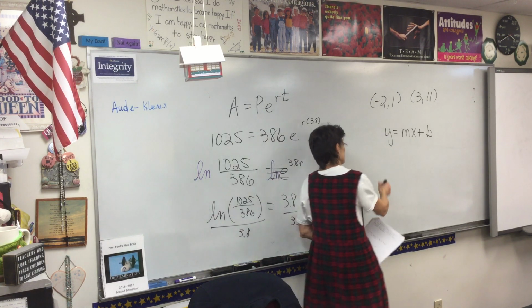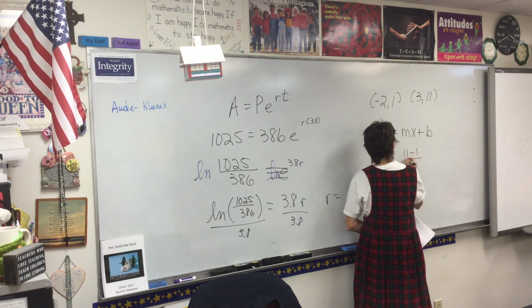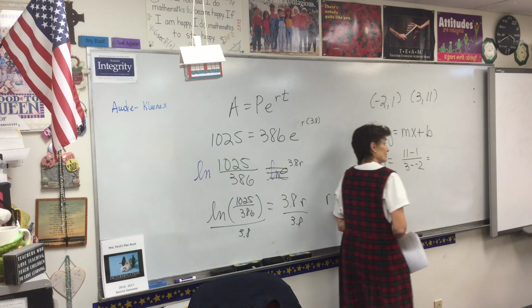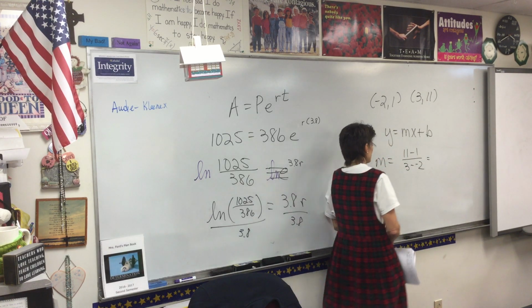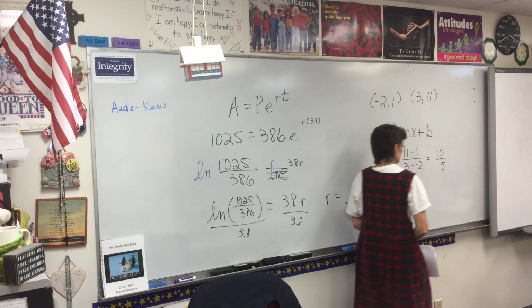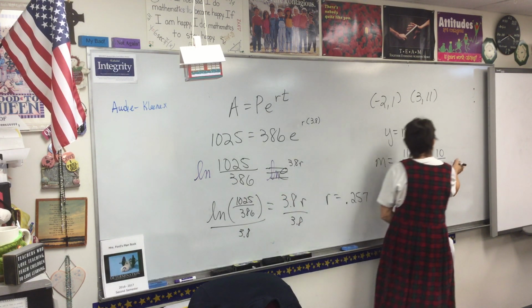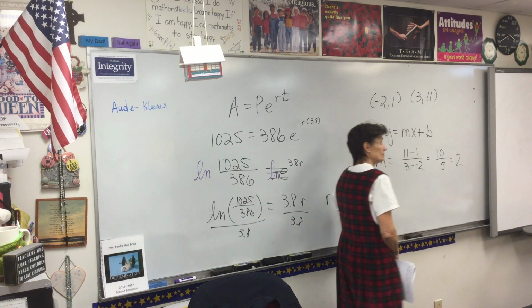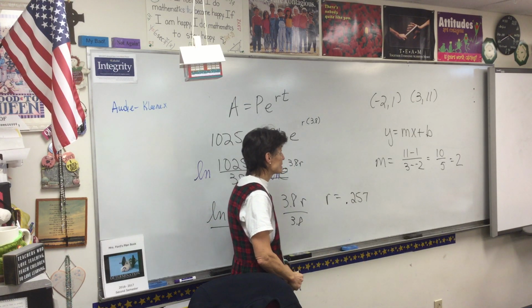And slope is found by taking y minus y over x minus x. So we get 10 over 5, which is 2. So the slope is 2.